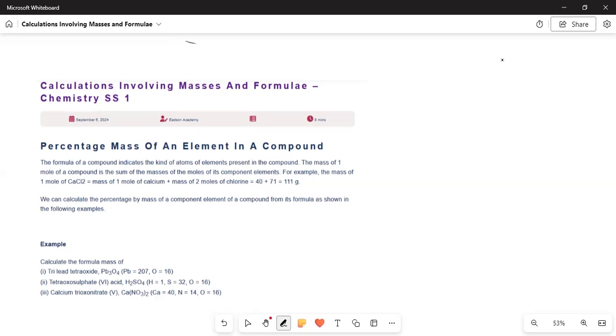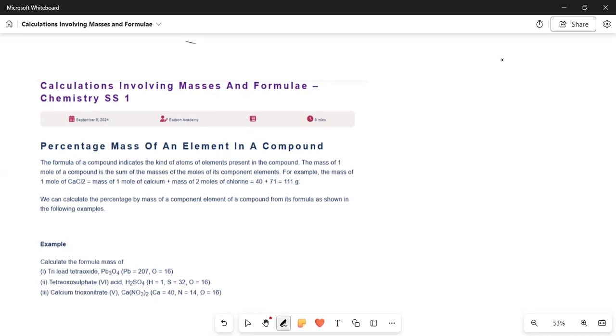One such calculation is the percentage mass of an element in a compound. A compound is usually made up of different atoms of different elements, and these atoms are present in a fixed ratio by mass, according to one of the laws of chemical combination we put in atomic theory.